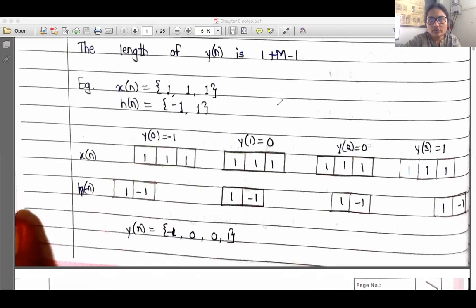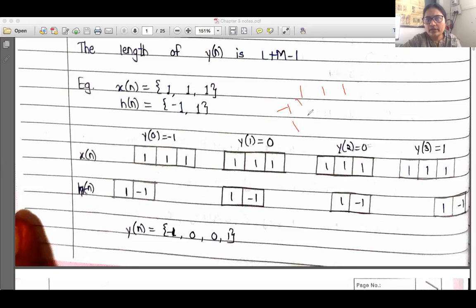Okay. So here I have sequence 1, 1, 1, and here it is -1 and 1.